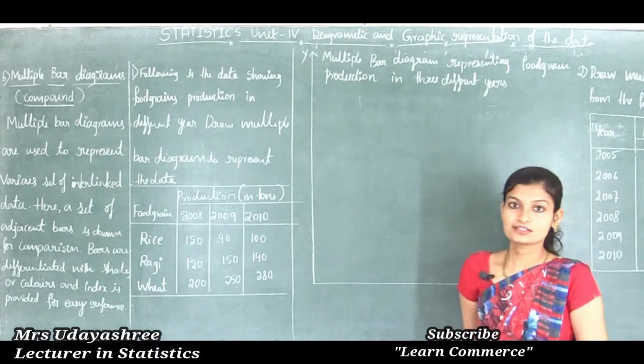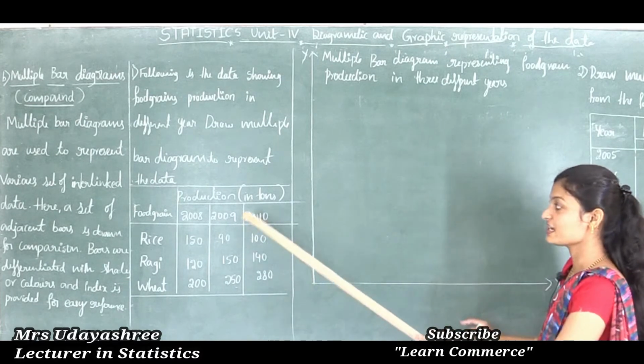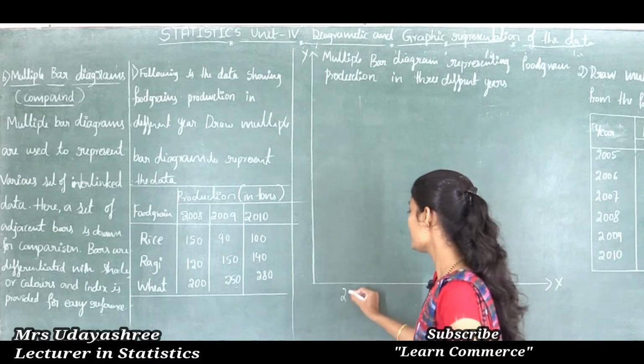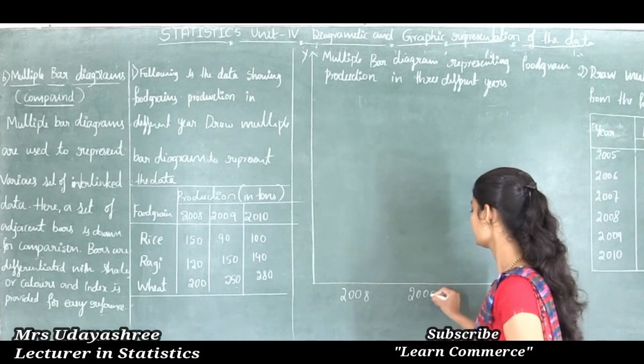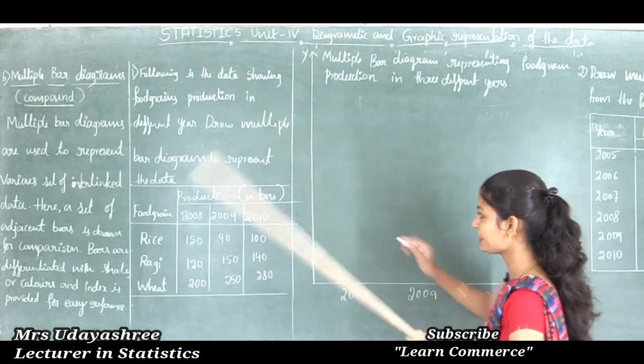And here I will write on the x-axis: years. Here the given years are 2008, 2009 and 2010, and here I will write productions.